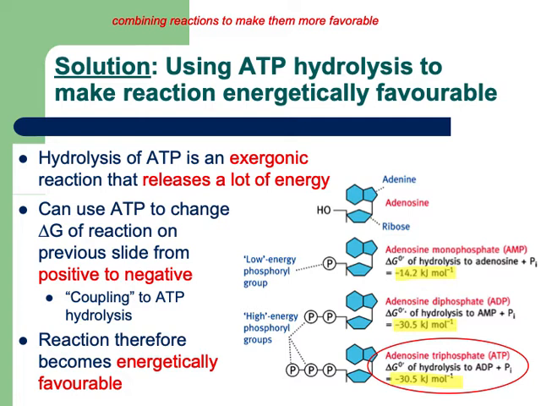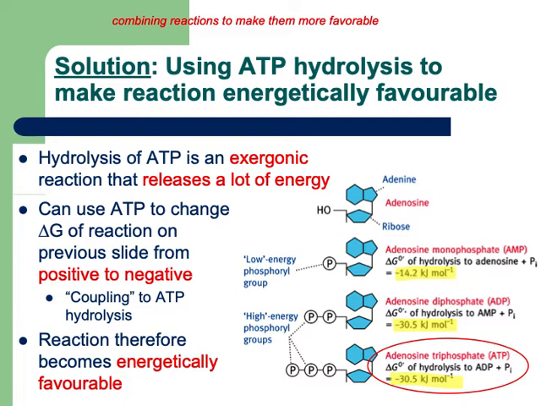Well, ATP itself has these high energy phosphate bonds. And every time we break ATP down to ADP to AMP, we release energy. So you can see in the optic on the right, if we look at the very bottom that's circled, we have ATP. And when we break it down to ADP plus an inorganic phosphate, we actually release minus 30.5 kilojoules per mole of energy. So that's a lot of energy.